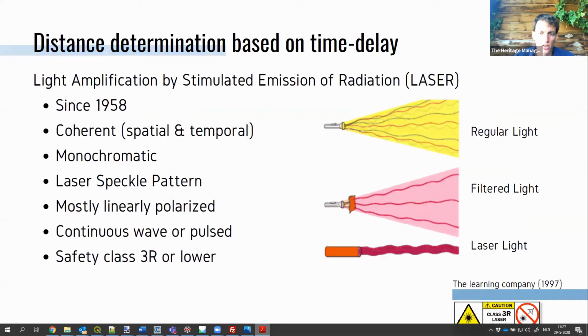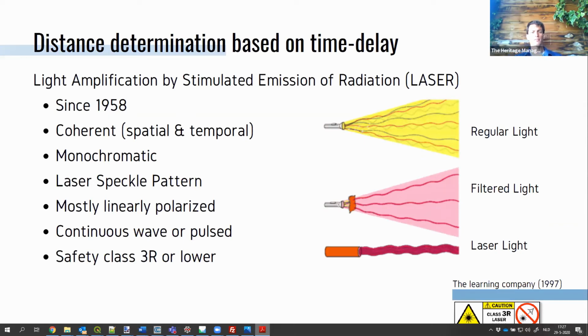The basis of this concept, and also of laser scanning, and of the thing I just shared in this URL, is the fact that we are using laser, so light amplification by stimulated emission of radiation. Laser is quite an old technique. It dates from 1958, and it is based on coherent light.